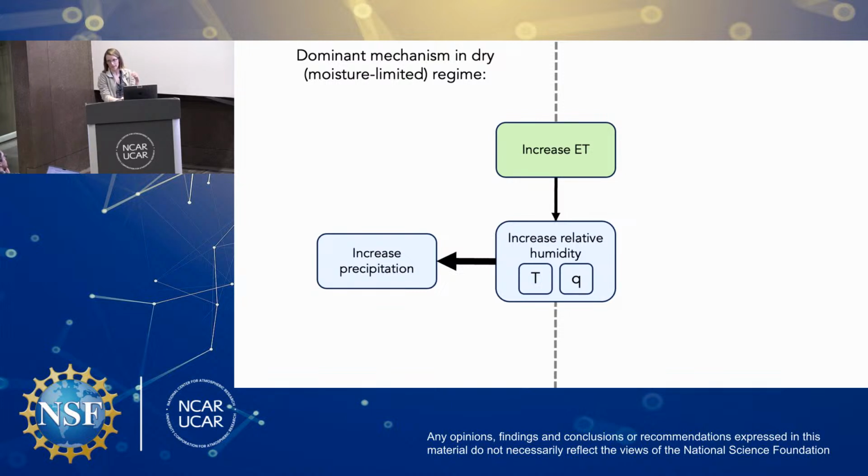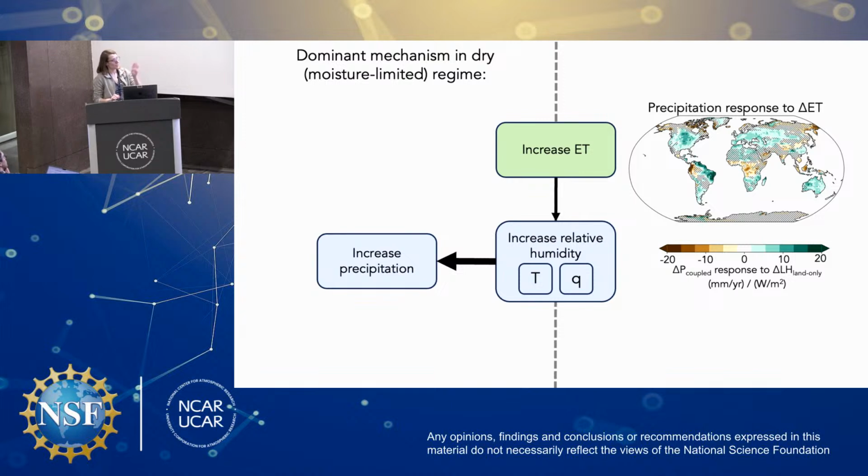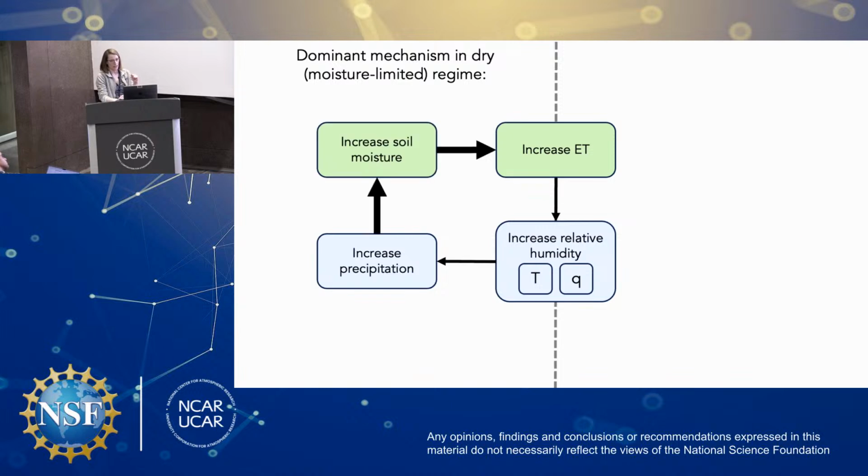In some regions, though not all, increasing ET can also feed back on precipitation. This is the regional response of precipitation changes to changes in ET. If you're in a moisture limited place and precipitation in that place is also sensitive to the land water flux, then you can amplify your initial change in ET through soil moisture feedbacks.